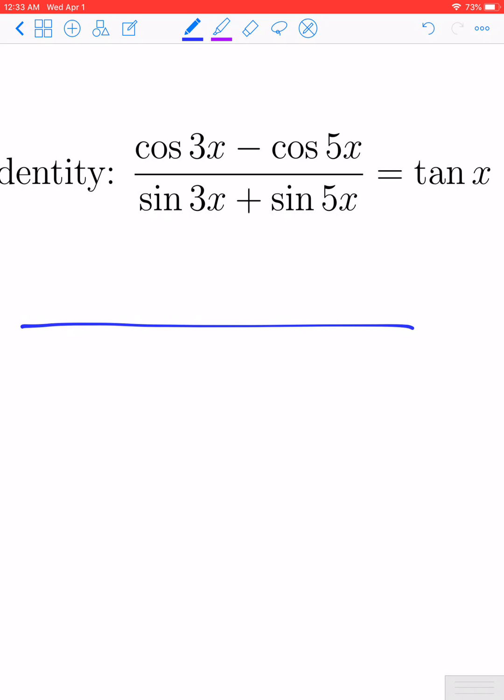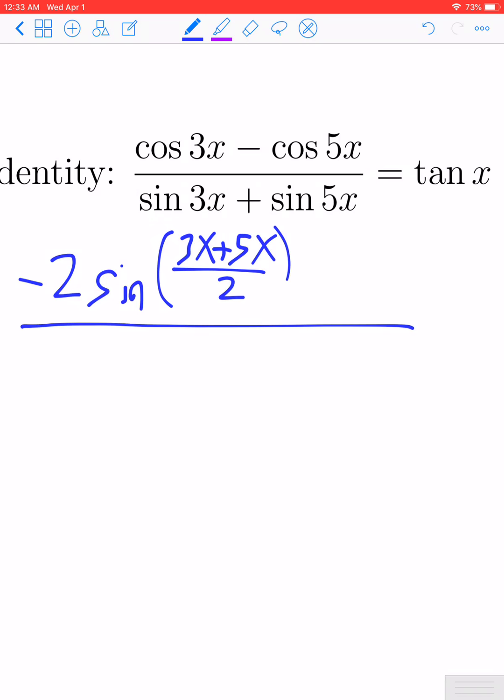In the numerator, the cosine of 3x minus the cosine of 5x should be equal to the following. That's going to be negative 2 times the sine of 3x plus 5x divided by 2, times the sine of 3x minus 5x divided by 2.